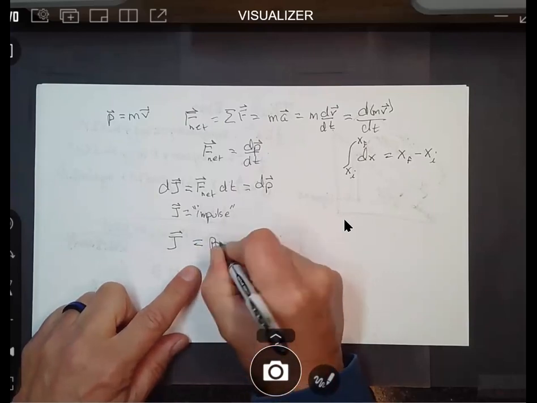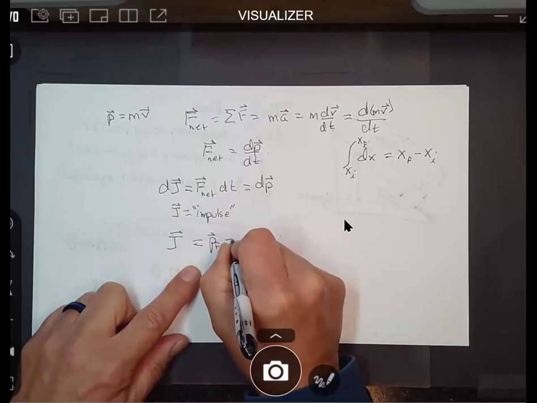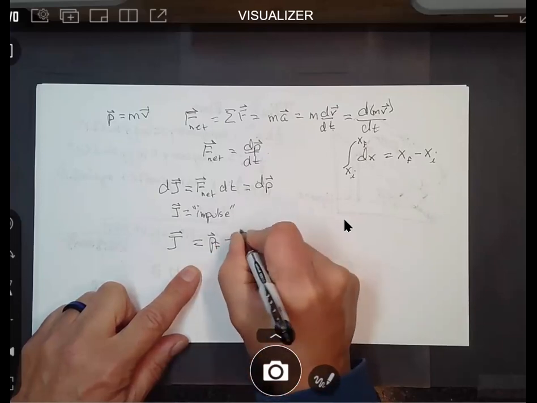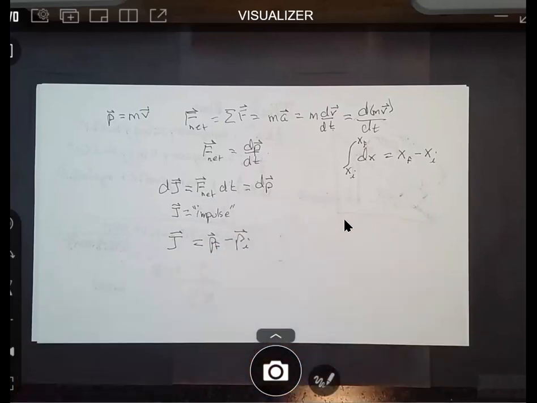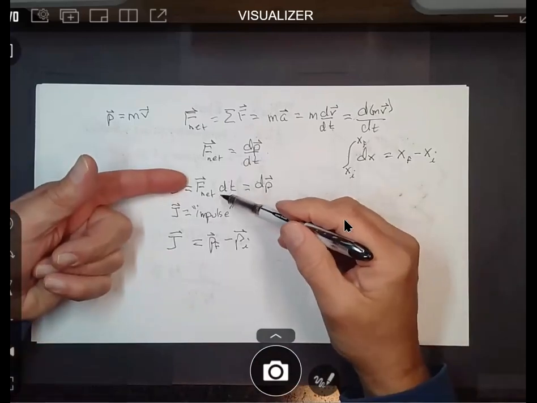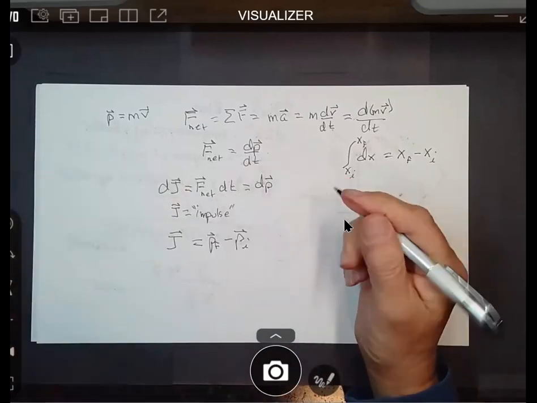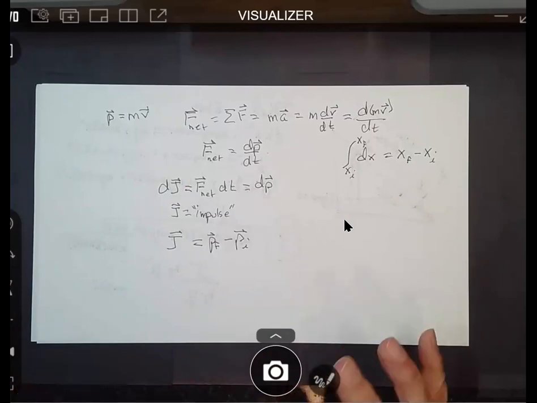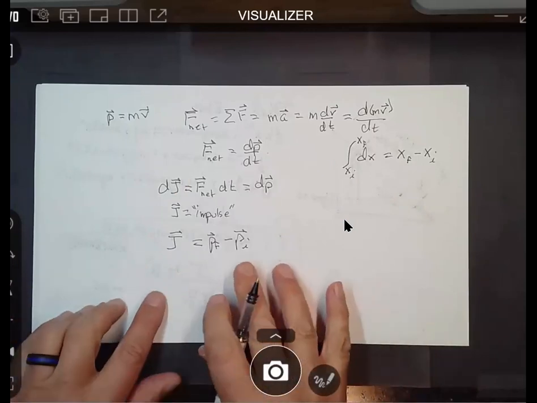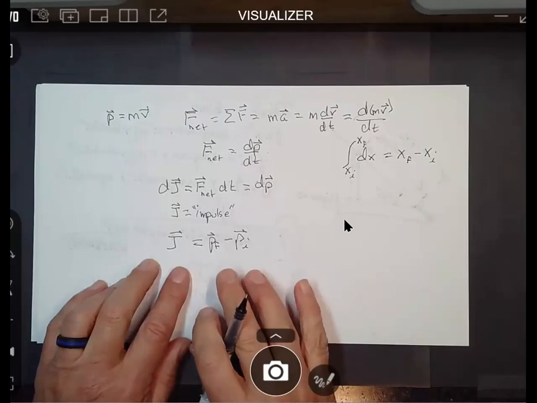Now, this is all really abstract, but I'll try to bring it back to reality here. Let's think about a force that's going to act for some time. And to keep this a little bit simpler, I'm going to go back to just one dimension.